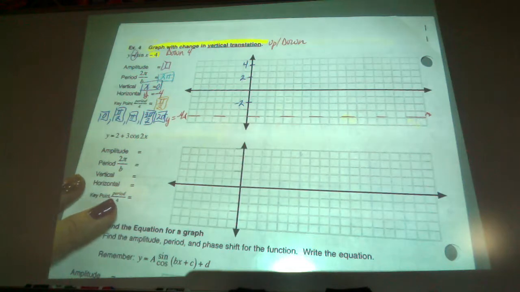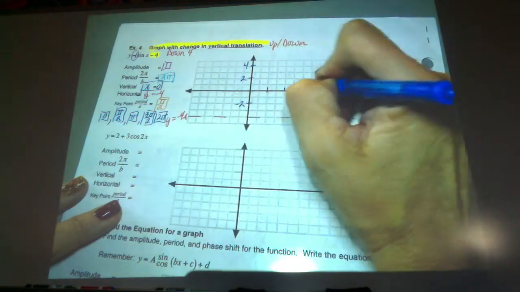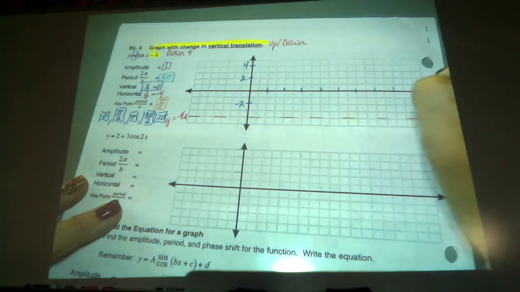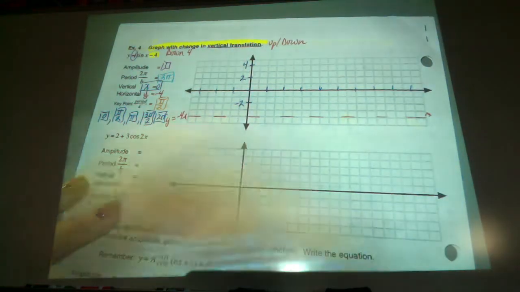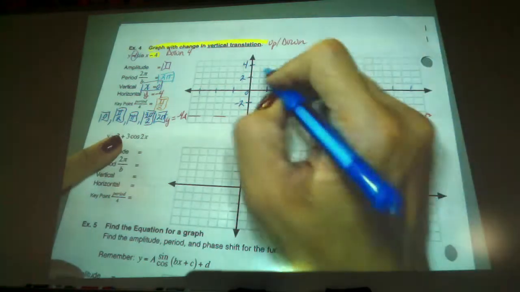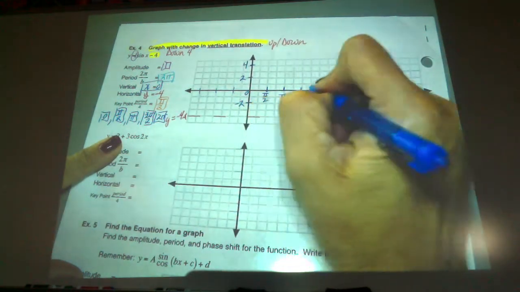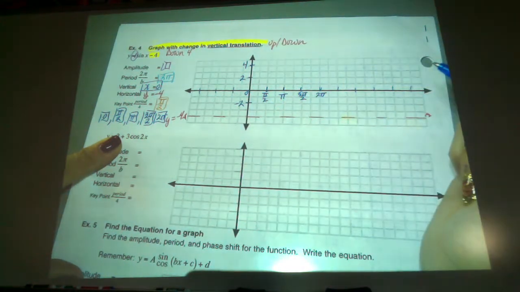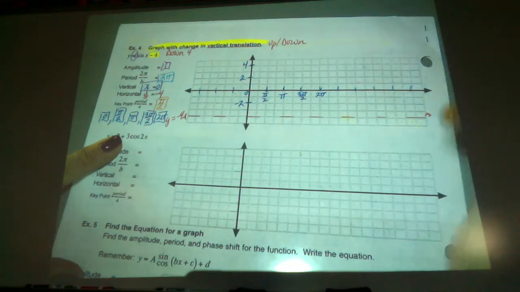So let's partition it out. So since we're using those, we can go back to our old method of going every other. And I'm going to label my one period of key points. And we're ready to start graphing.